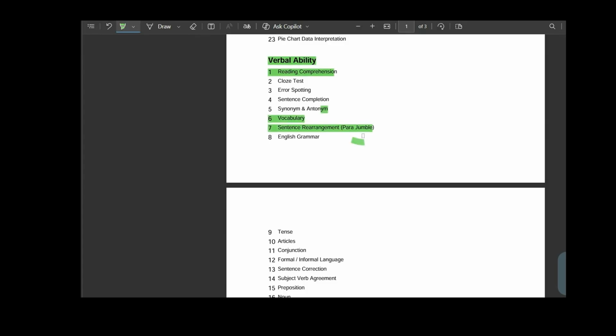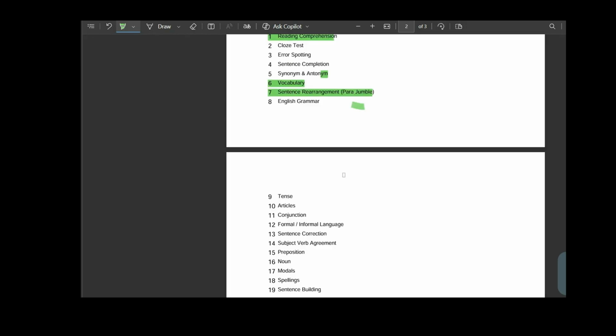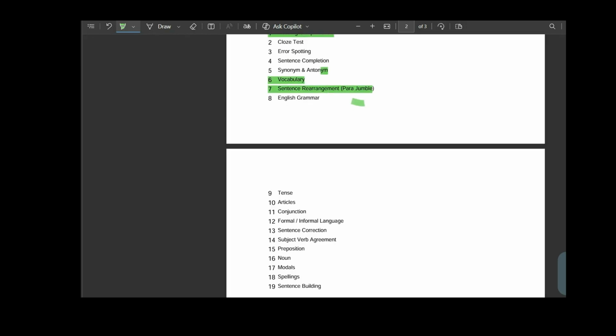For example, you may be asked to answer questions based on reading comprehension passages or fill in missing words in a cloze test. Other question types include identifying grammatical errors, completing sentences with appropriate words, and choosing the correct synonyms and antonyms.